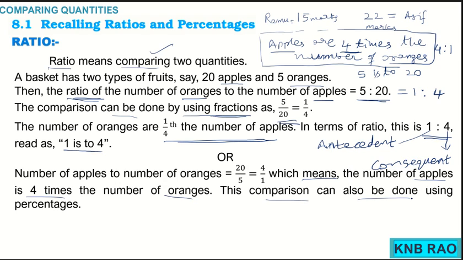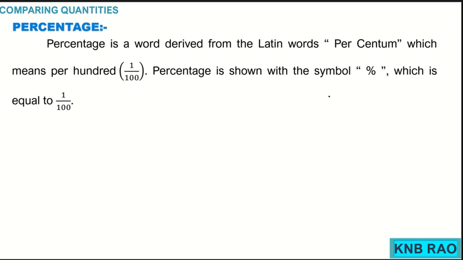This comparison can also be done using percentage. Now, we will go for the meaning of the word percentage. Children, the word percentage is derived from the Latin words per centum, which means per 100.